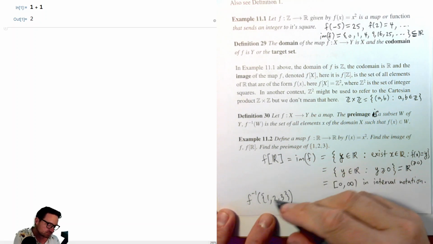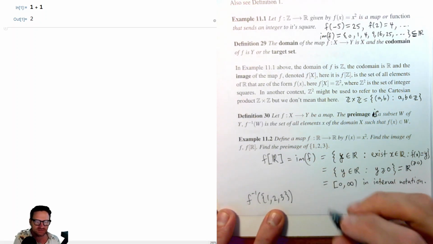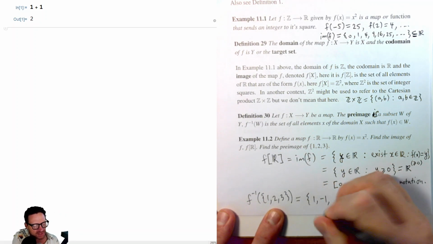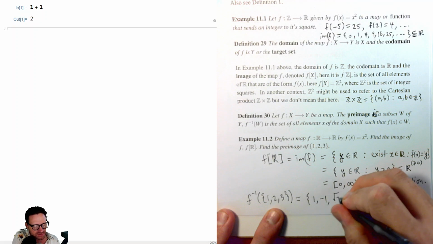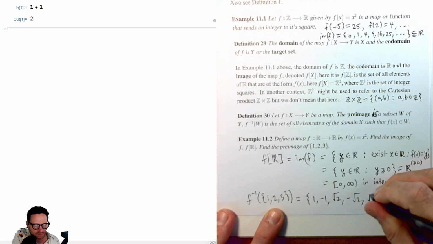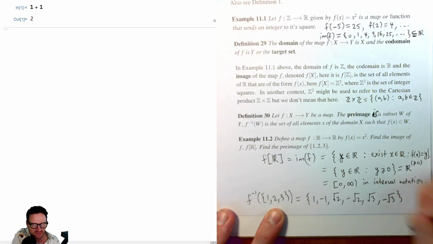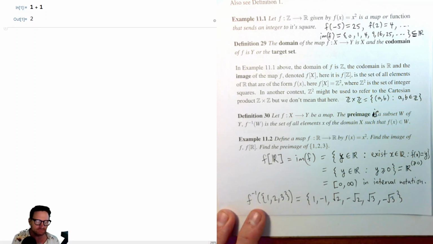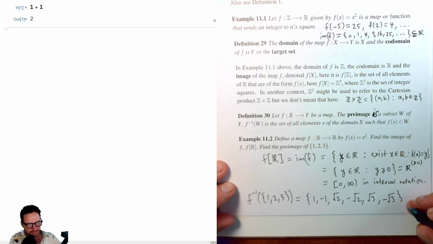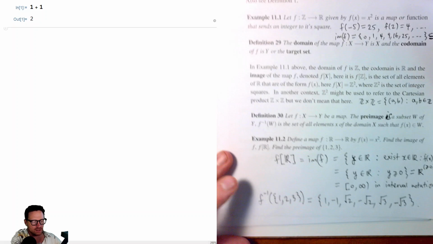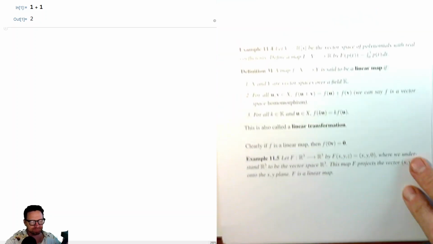So taking square roots of each of those elements, we've got 1, minus 1, root 2, minus root 2, root 3, and minus root 3. All of these map to 1 or 2 or 3. Okay, let's move on to the next page.